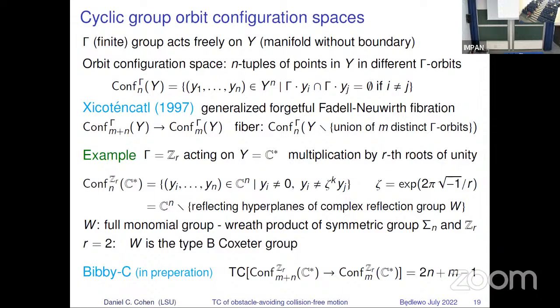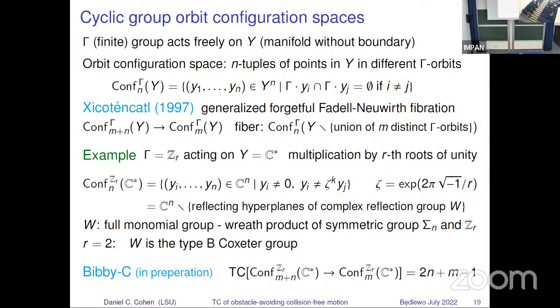So here's an example. Let the cyclic group Z mod r act on the plane minus the origin by multiplication by an r-th root of unity. The orbit configuration space that arises is a complement, as Carlson was talking about last time.